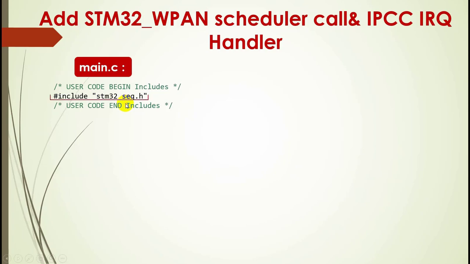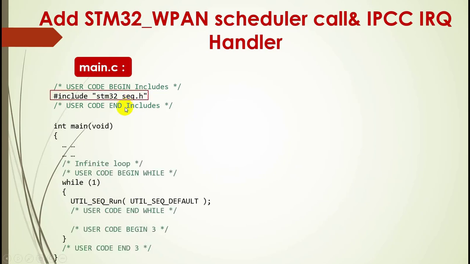Then we need to start the sequencer in the main file itself. One point I would like to highlight: the BLE code architecture is quite complex and not possible to cover in one video. So I will cover it in a separate video, where I will cover the sequencer, timer server, and low power management.